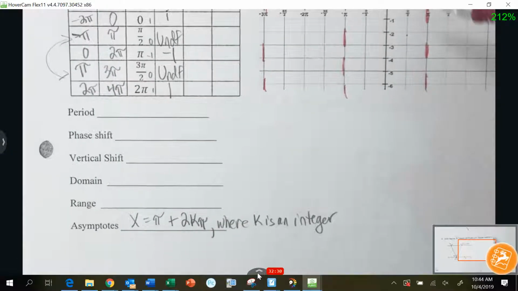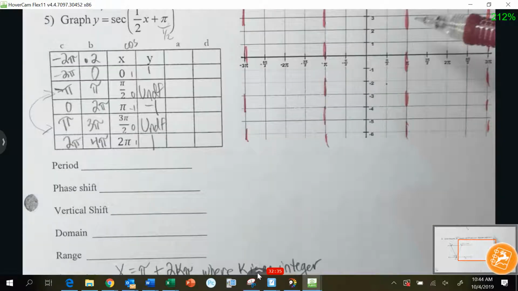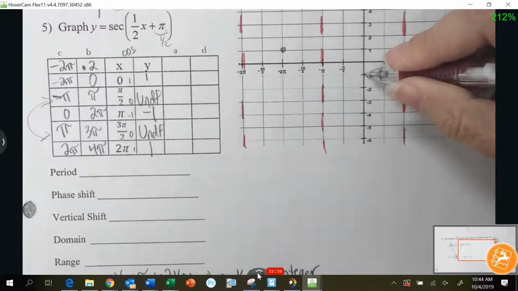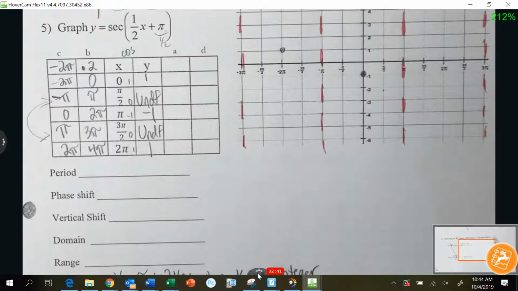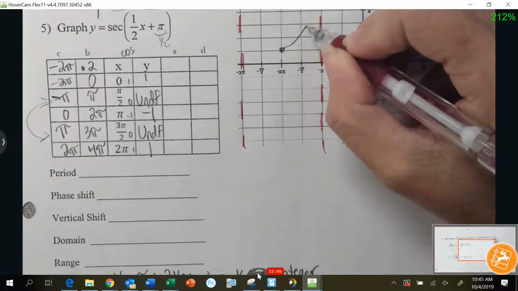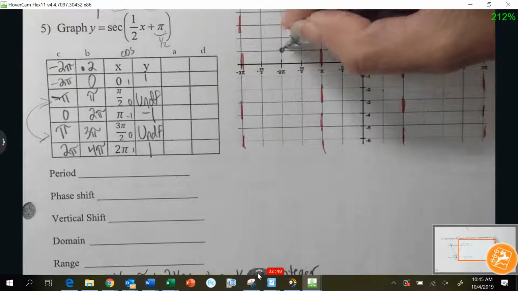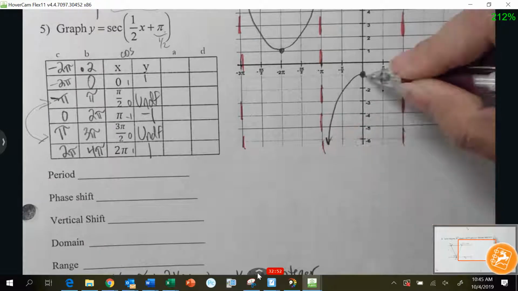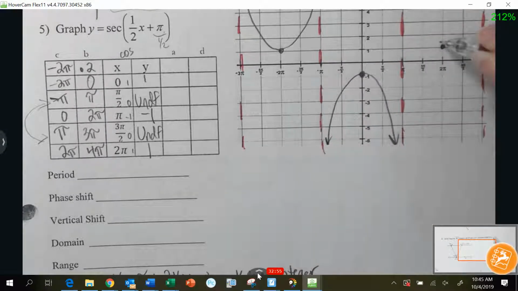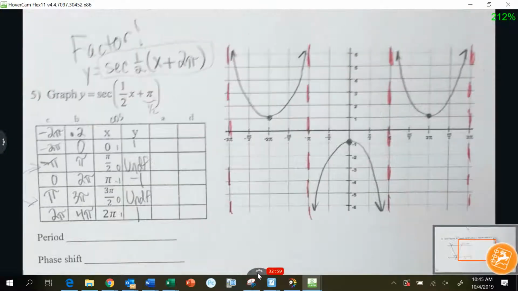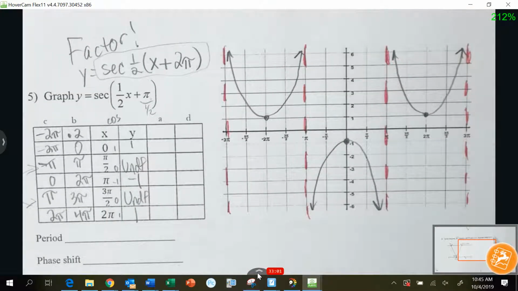All right, and then graphing, negative 2 pi is 1. 0 is negative 1. And then 2 pi is 1. And these will, again, approach these asymptotes. Look like that.